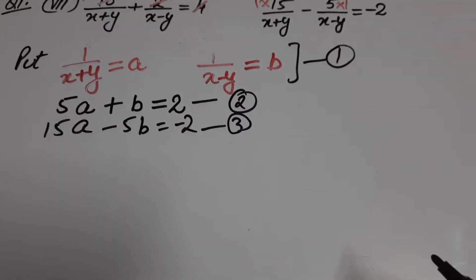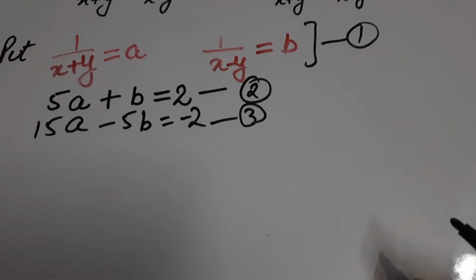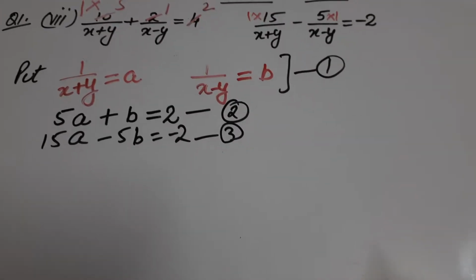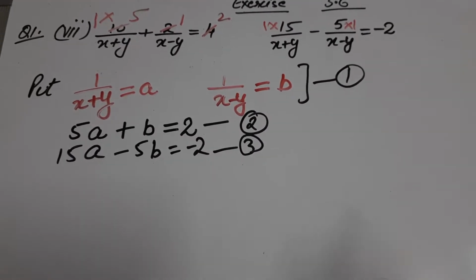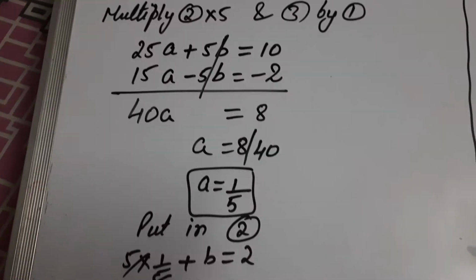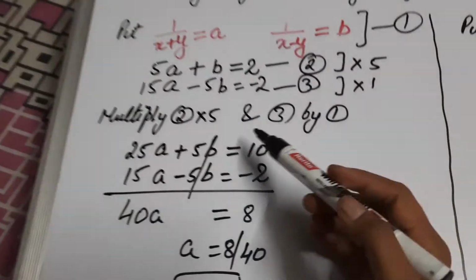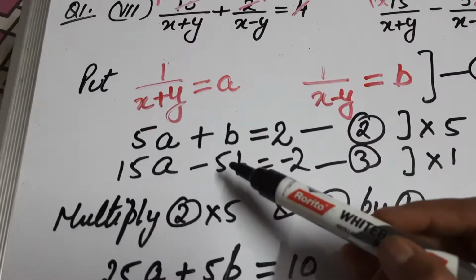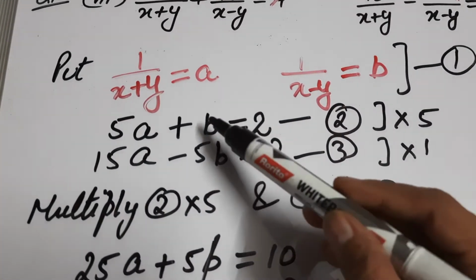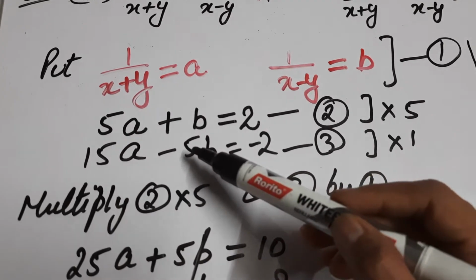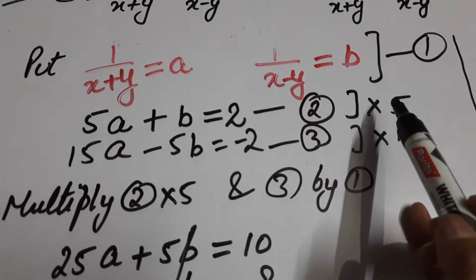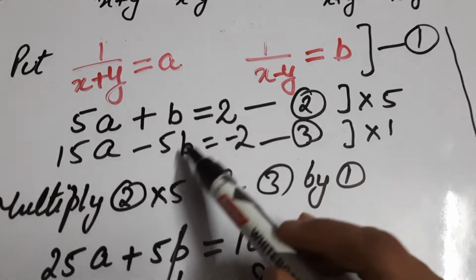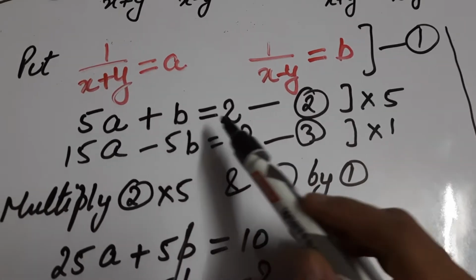Now you can solve them either by substitution method or by elimination. You all know how to solve it, so let us solve it. So dear students, I have applied elimination method, so it will be easier to make the coefficient of b same. So here 1 is the coefficient, here 5, so cross multiply, we will multiply the first equation by 5, second equation by 5, and third by 1, right?